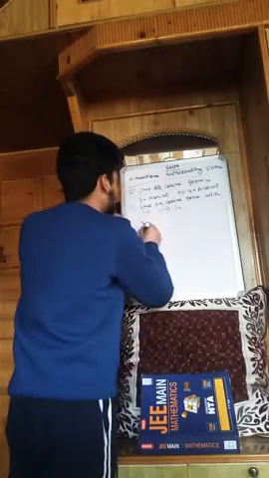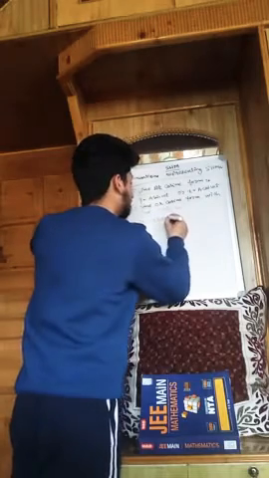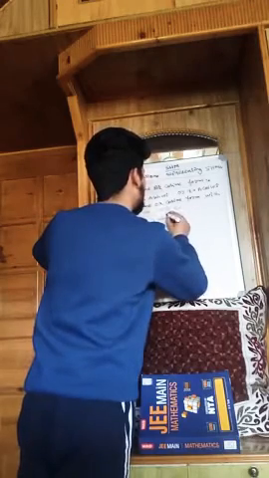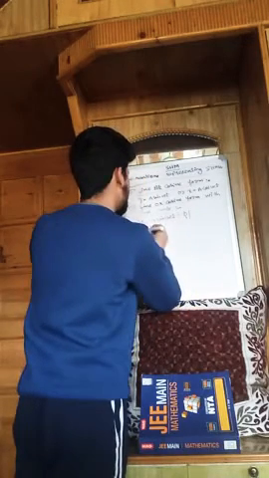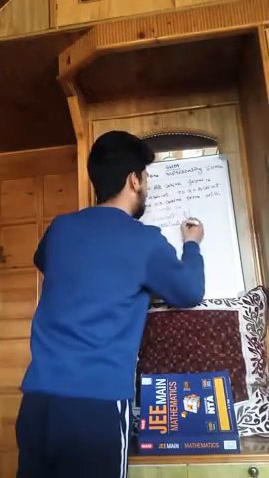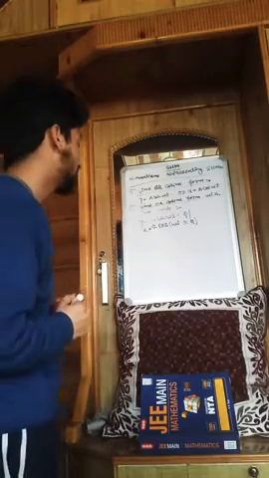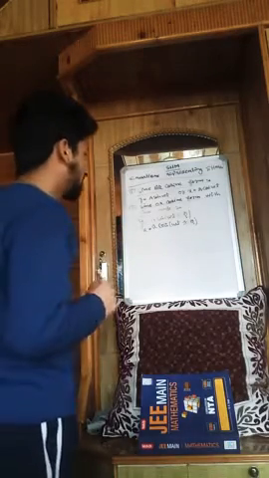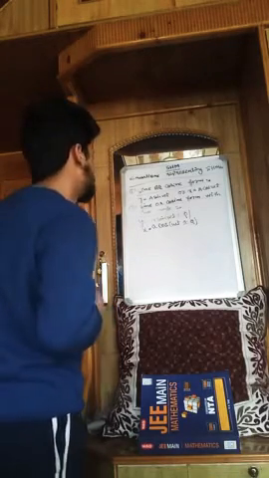It can be written as y is equal to a sine of omega t plus minus phi, or x is equal to a cos of omega t plus minus phi. So this was the second representation of the equation of a particle executing simple harmonic motion.